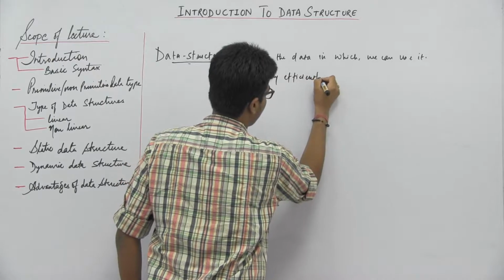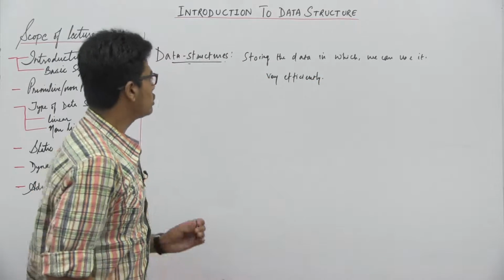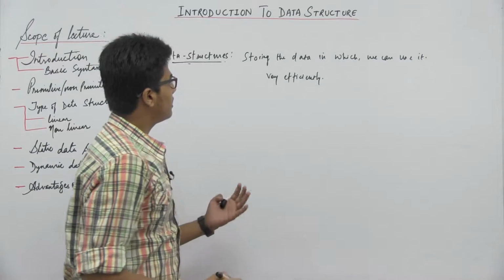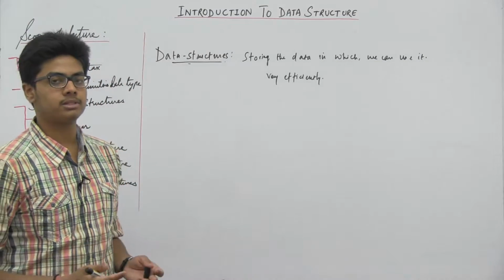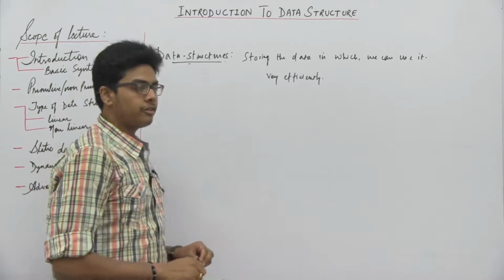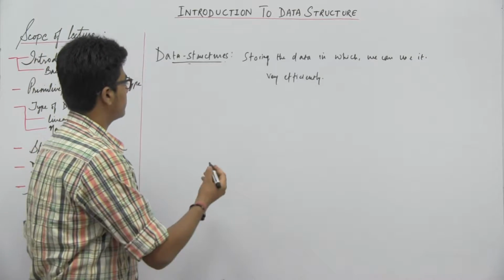Like if you are storing the data in such a way that they are using a number of variables in different data types. As you are already familiar with the data types, let us start with the basic syntax.